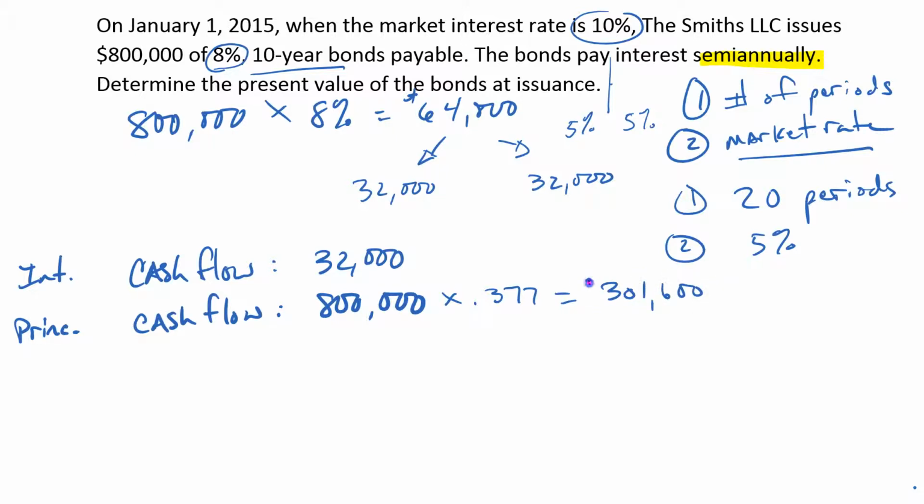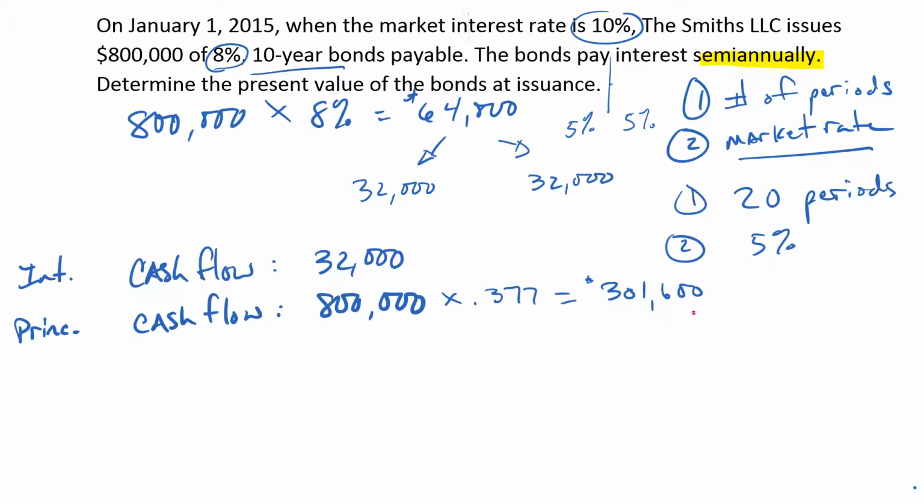So the principal of the bonds, which are going to mature in 10 years at 800,000, is really worth 301,600 in today's dollars with an interest rate of 10%.